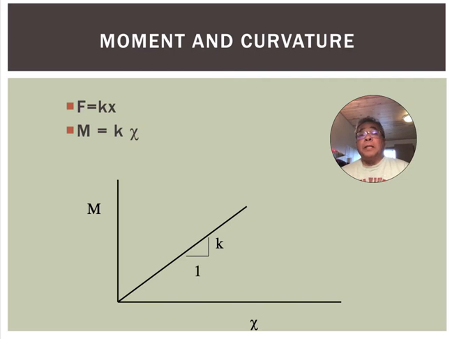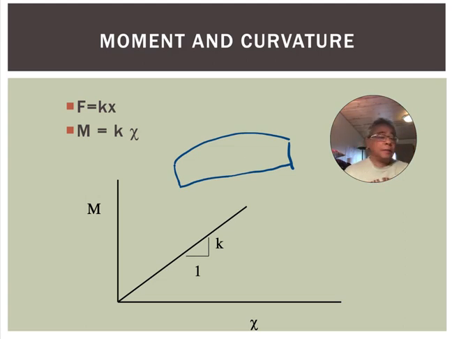Well, moment is proportional to curvature, like this. Moment is linear with respect to curvature, and I've tried this. I had an experiment. I cut a piece of wood with a known radius, put some steel on it, bent it.